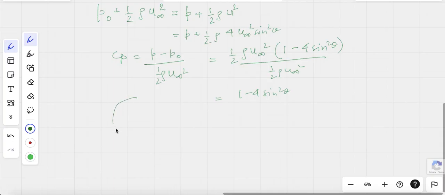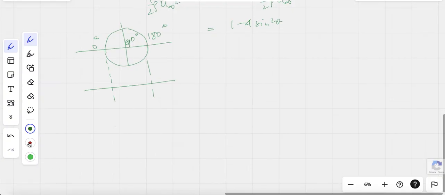So if this is the sphere, and let's say this is 0 degree, 90 degree, 180 degree, this is how the pressure profile will look.